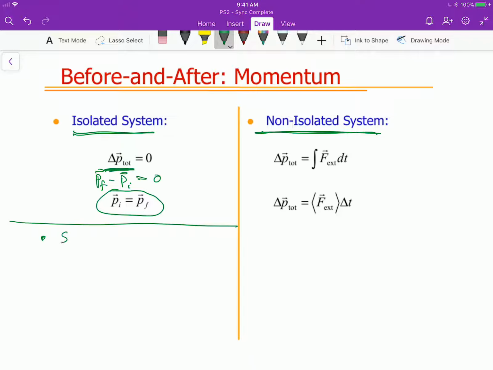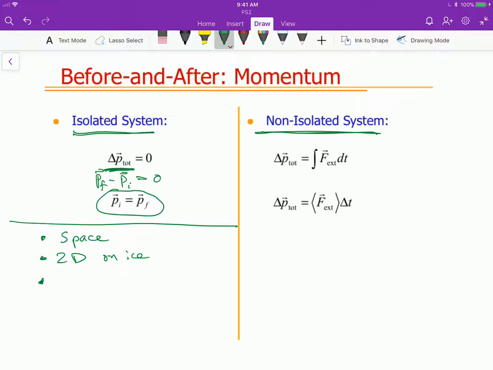And we use this in a few different situations where the system was isolated. Out in space, there were problems where somebody had a wrench and threw it, and then you'd figure out from the wrench's speed how fast the astronaut's moving. We had 2D situations on ice, like a warthog and a lioness, where they're functionally isolated.